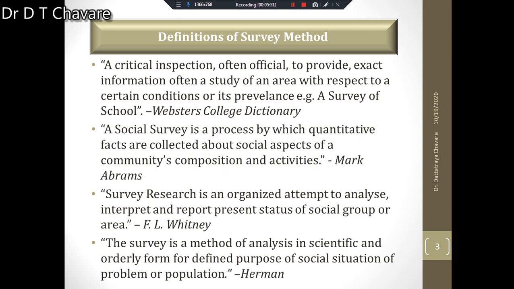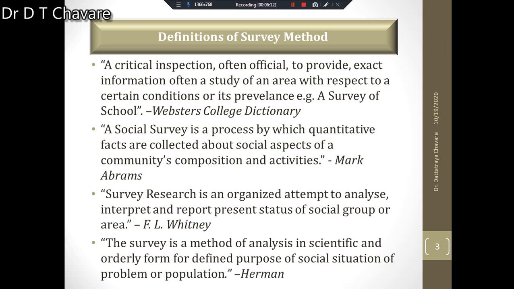It means such an inspection, an official inspection that provides exact information for your study purpose, is called a survey. A simple example is quoted here about a survey of schools. This definition is given by Webster's College Dictionary.